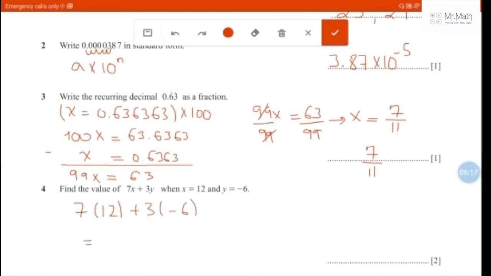So 7 times 12 is 84, and I have plus 3 times negative 6 is negative 18. So 84 minus 18, the answer is 66. So in question 4, the final answer is 66.